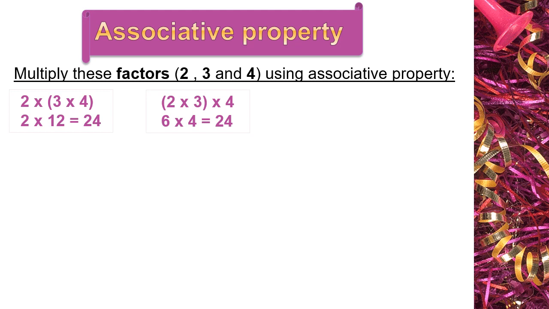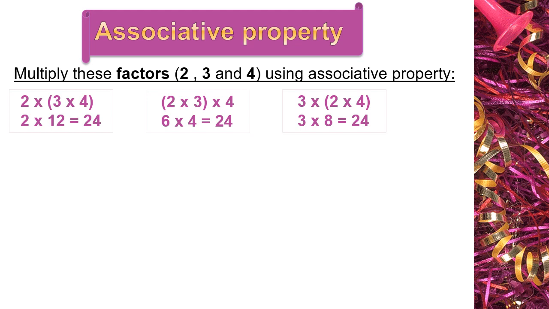Can I change this order again? Can I have another order? Yes, like this. 3 times 2 times 4, I will take 2 and 4 and put them between two brackets. So, in the first way, I put 3 and 4 between two brackets and multiplied them, then multiplied 2.